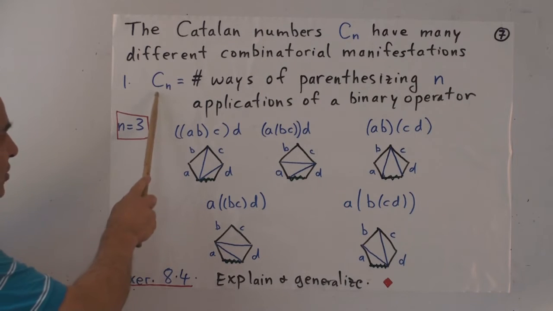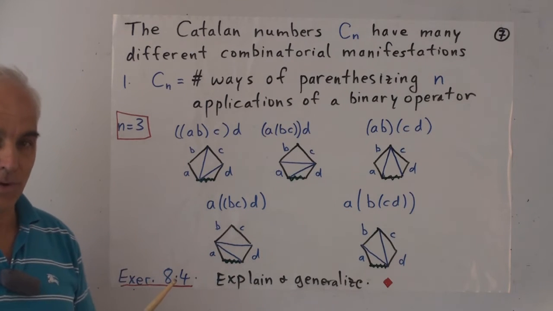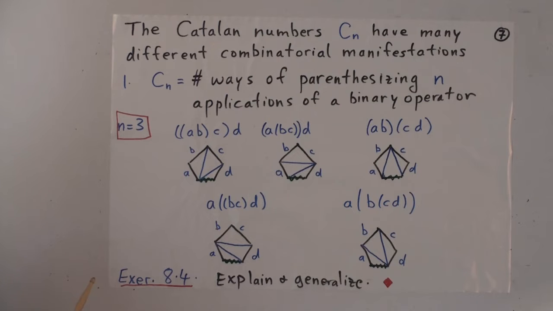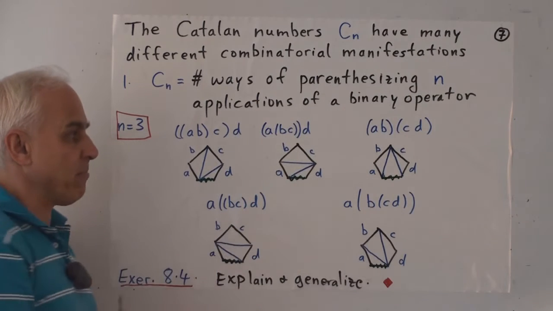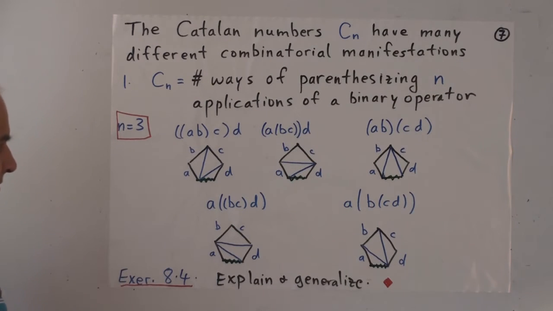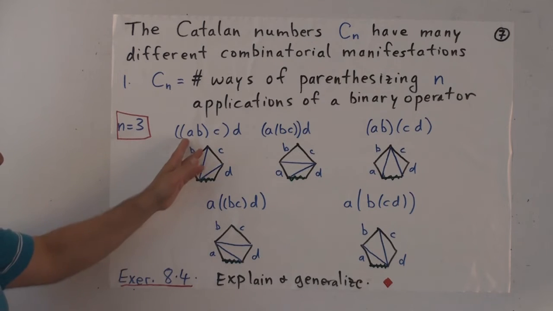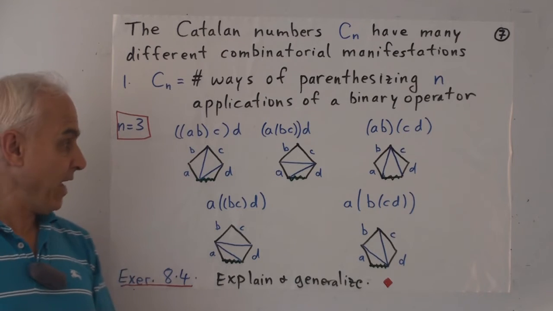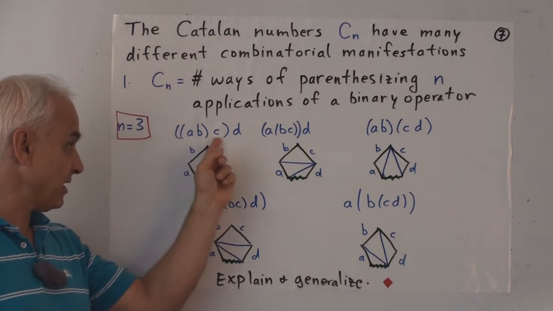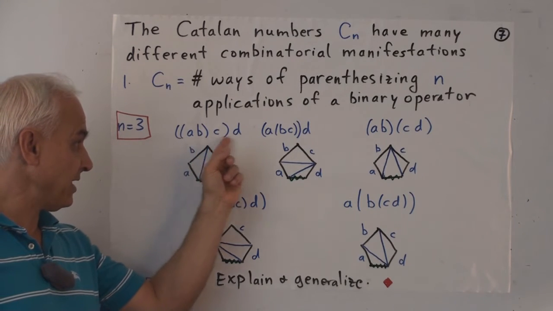The first one is Catalan's actual thinking about this sequence. It's the number of ways of parenthesizing n applications of a binary operator. That's a long-winded way of saying that. Suppose you want to multiply four numbers, a, b, c, and d together, and you insist that the numbers be in this order, a, b, c, d.